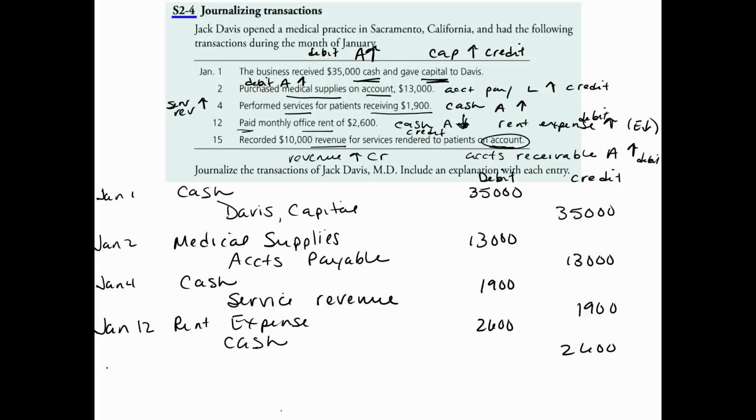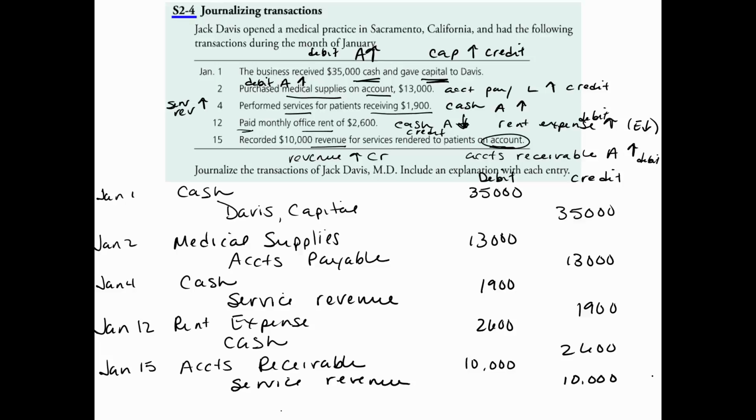So on January 15th, I will debit accounts receivable for $10,000, and I will credit service revenue for $10,000.